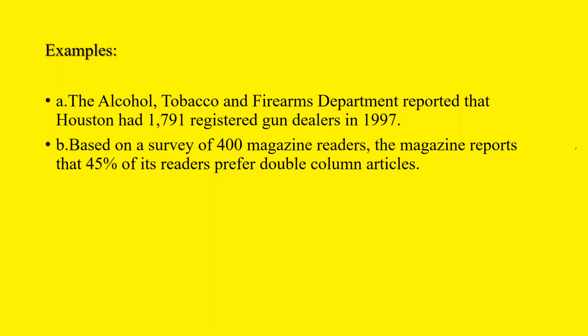There is no sample, no population. However, if they changed the statement to: based on 1997 data, 20% of people hold a gun license, therefore in 2007 there will also be 20% of people who own a gun, then that would become an inferential statistic, because you can see the population and the sample.